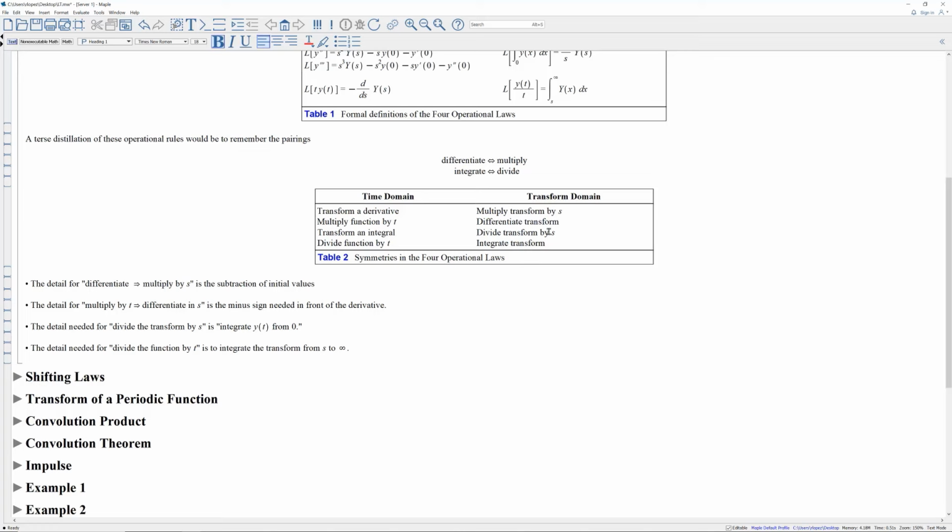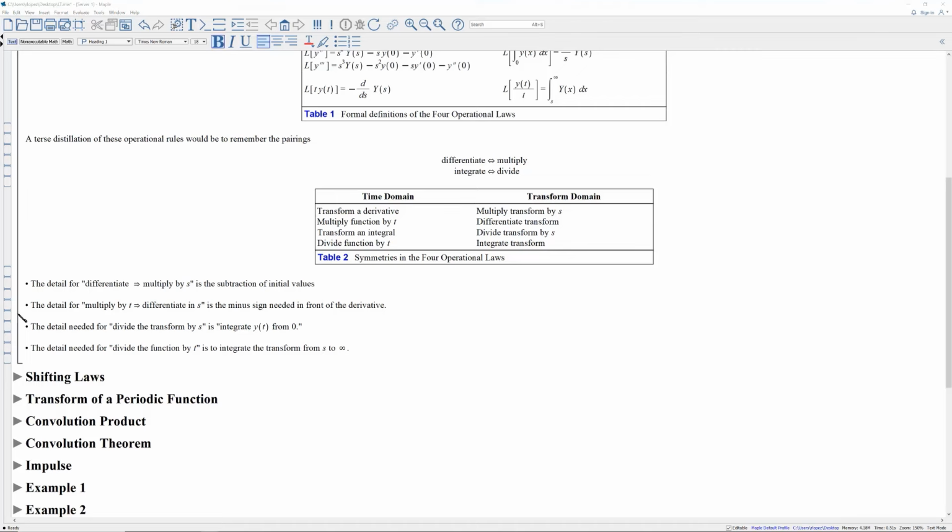Transform an integral, divide by s, divide by t, integrate the transform. And this is just spelling out, again, what these operational laws are about. So if you're going to work with a pencil and paper, you've got to know these transform laws, these operational laws, because otherwise, how do you get a transform of something like t times e to the 2t?